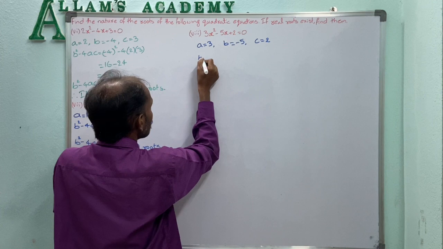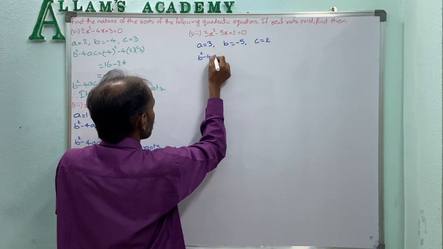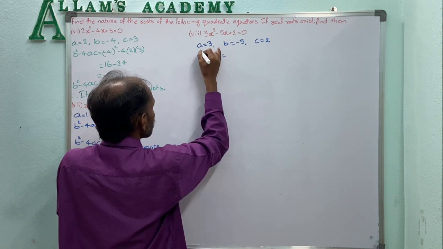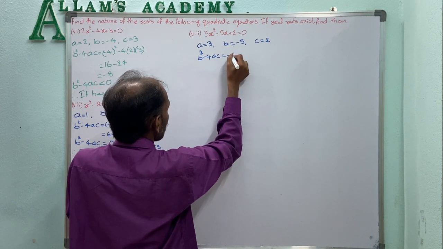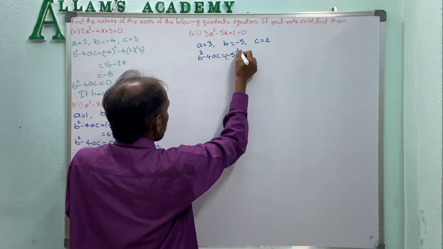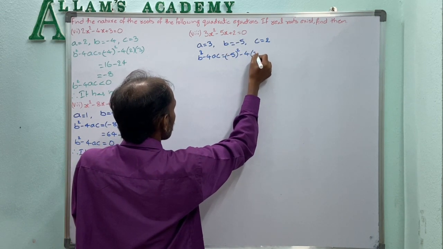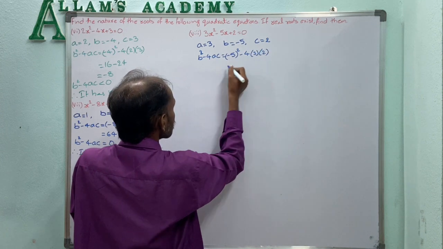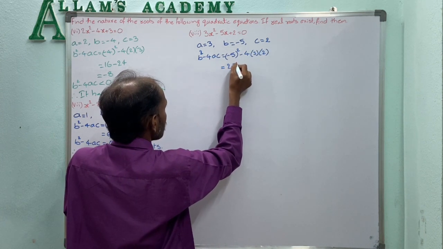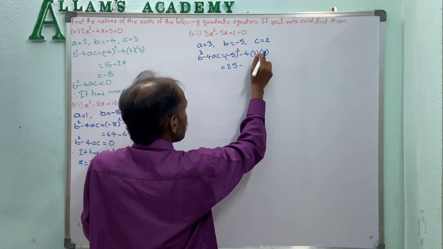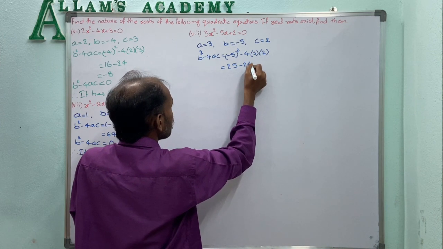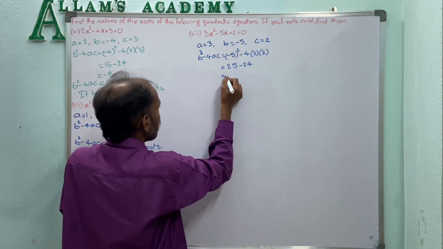Now finding the discriminant value, then only we find the nature of the roots, that is b square minus 4ac. b equals minus 5, so minus 5 whole square minus 4 into 3 into 2. Minus 5 whole square is 25, minus 4 times 3 is 12, 12 times 2 is 24, 25 minus 24 is equal to 1.